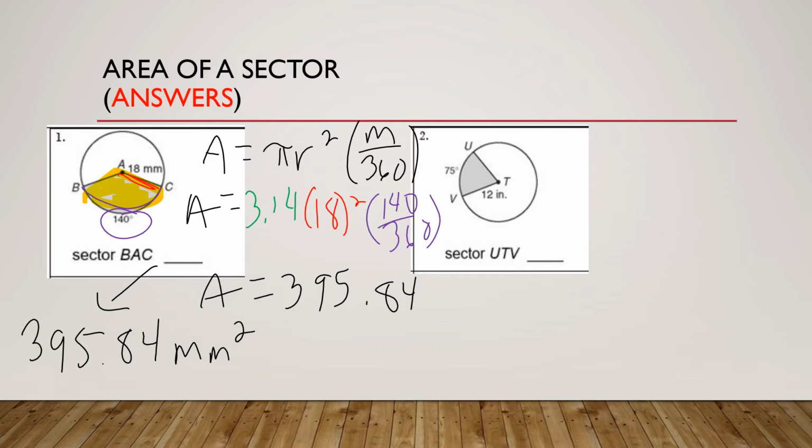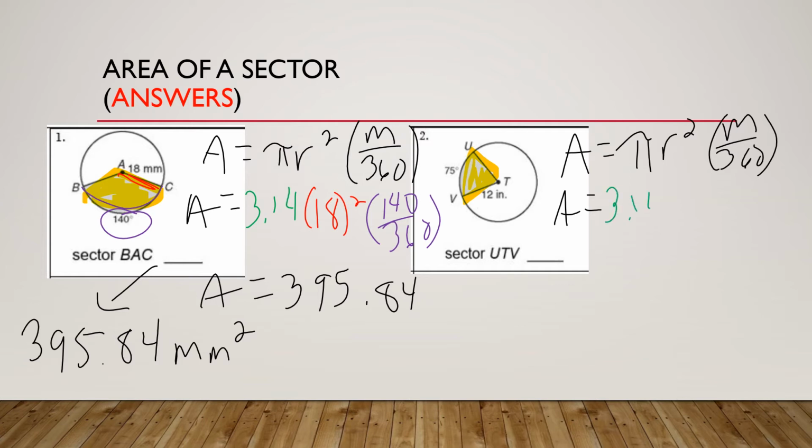On to number 2. So it's telling me to find the sector UPV, so this area inside of here. So again, we're going to start with the formula. Area equals pi r squared times the quantity m divided by 360. So to get a more exact value, you can use the pi button on your calculator, but if yours doesn't have one, we can use 3.14.